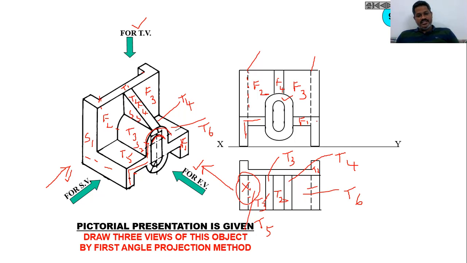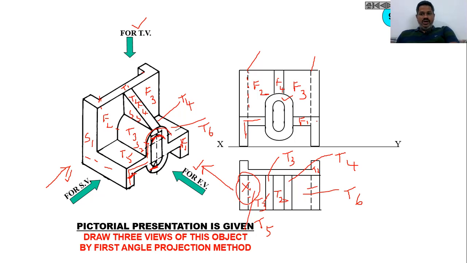You can't see this edge, so we need to represent that as a dotted line inside. Similarly, we need to represent one more dotted line here where we have a hollowness, and similarly where we have hollowness. So at both these places we must have two dotted lines, as well as at this location.